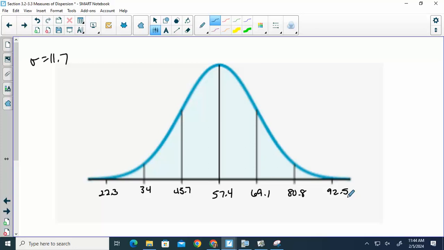All right, so we know the empirical rule says how much of the data should be within 3 standard deviations. The empirical rule says we expect 99.7%. Let's see how well it holds. We are finding how many of these were between 22.3 and 92.5.